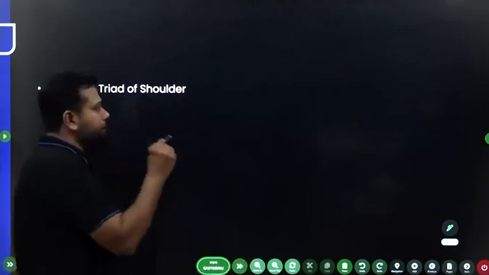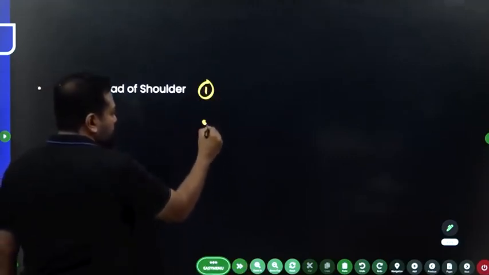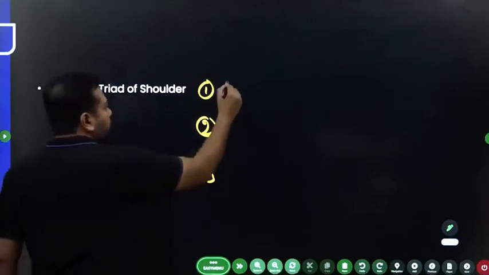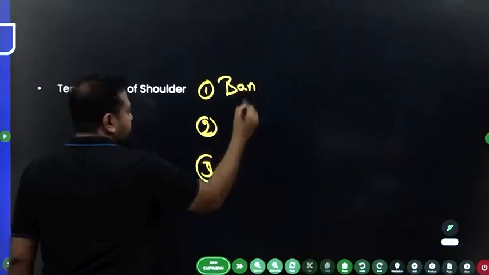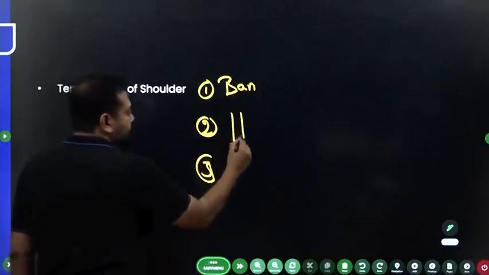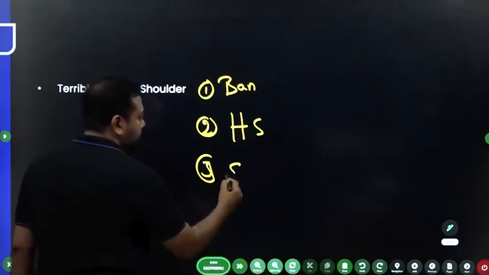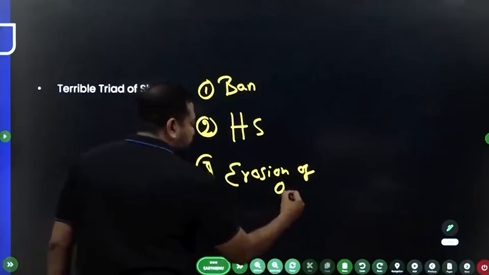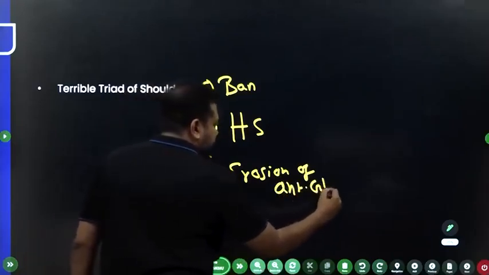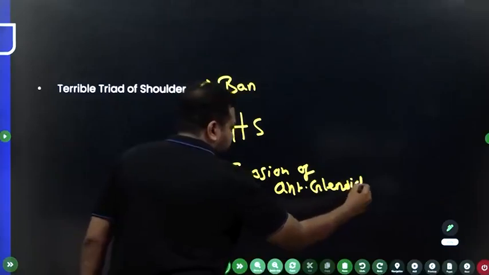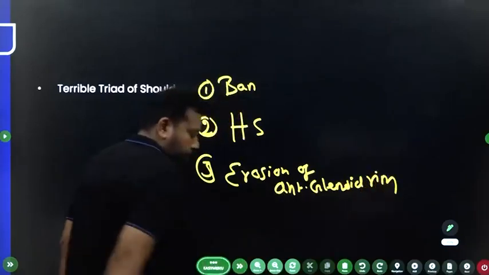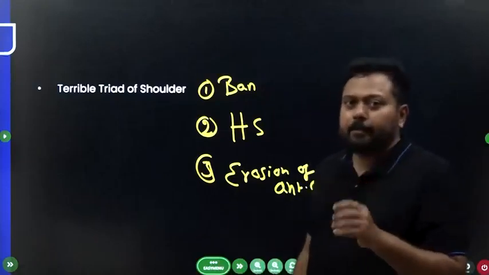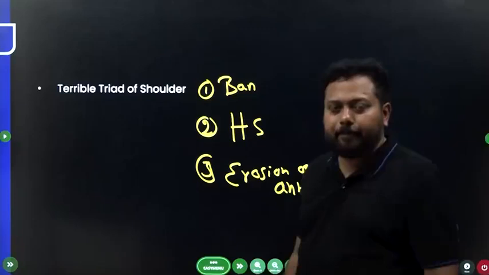Terrible triad means three things are there. One is Bankart's, 2 is Hill-Sachs, 3 is erosion of the anterior glenoid rim.